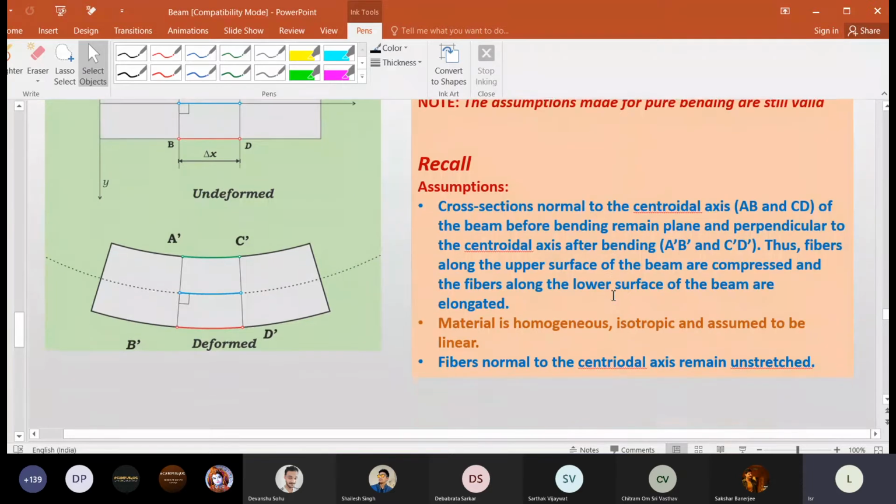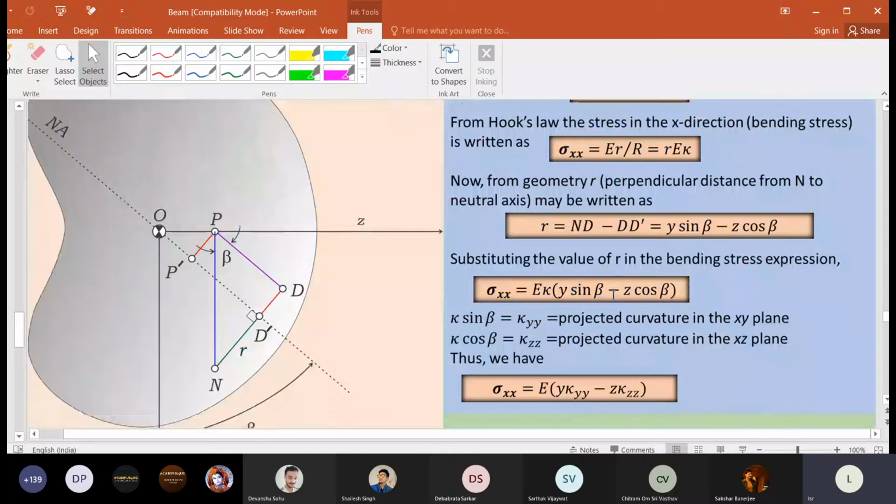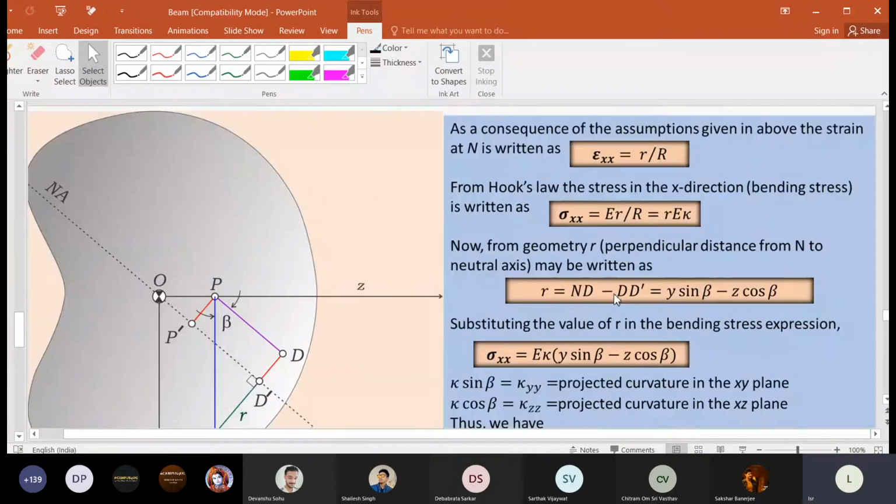Now what we know is the neutral axis, let us say, passes through the centroidal axis, as we have shown here. We can do it directly from here, there is no problem.